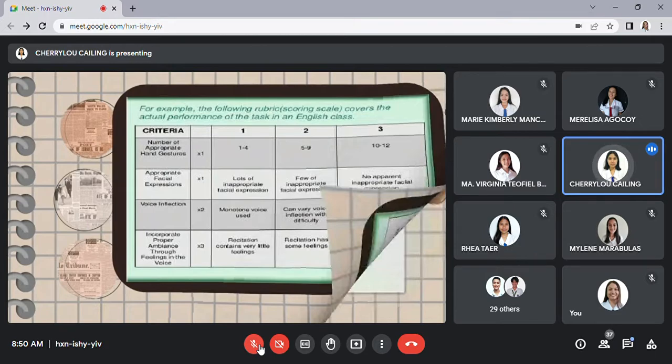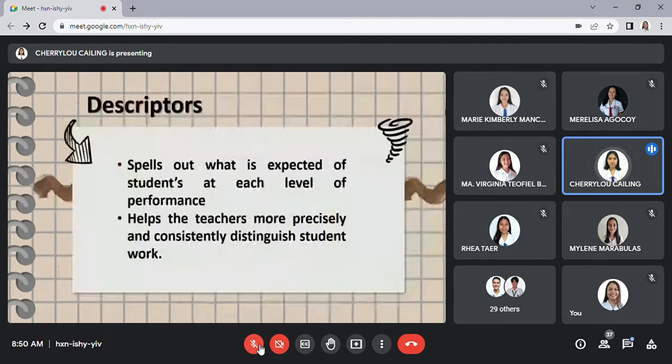So sa gihatag na example, mabantayan nato ang descriptors. So what is descriptors? Descriptors spell out what is expected of students at each level of performance. It helps the teachers more precisely and consistently distinguish student work. So let's go back to the example.